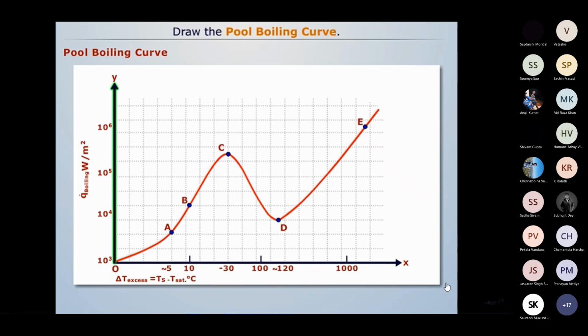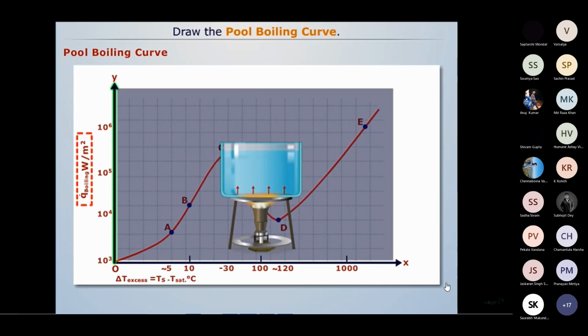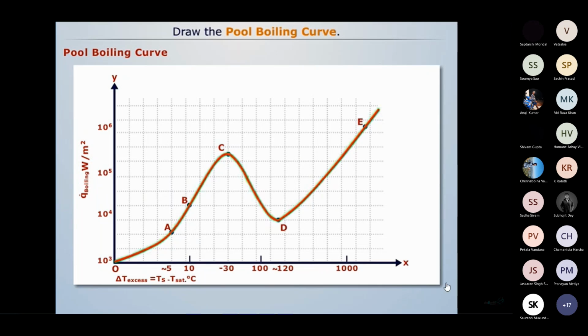And the y-axis represents the heat transferred to the water per unit surface area of the vessel, which is represented by heat flux Q dot boiling. The curve OABCDE is known as the pool boiling curve of water.